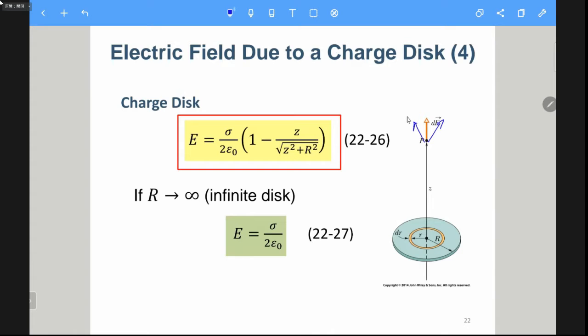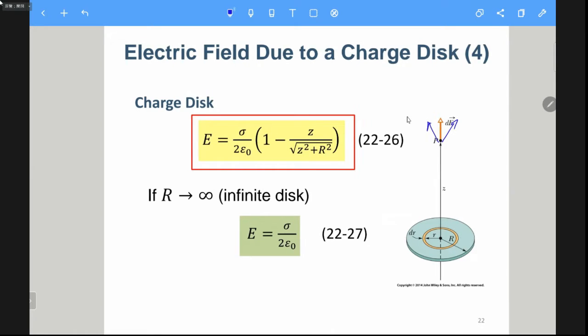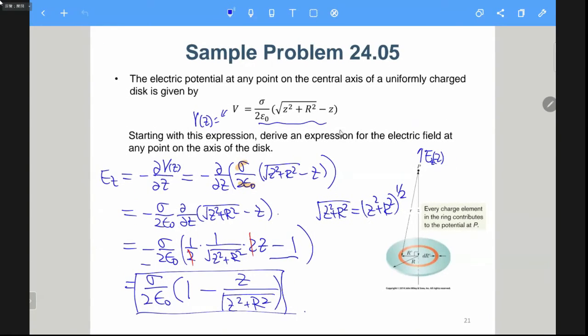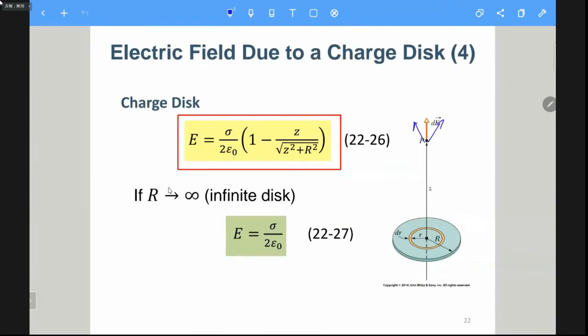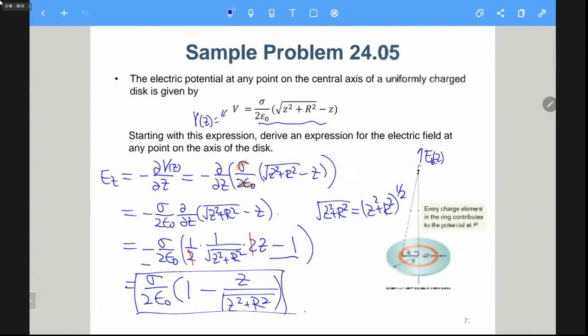So it might be more difficult. For this one, the first step we did is to find the electric potential generated by this disk, and this is easier than calculating the E field, because the electric potential is only a scalar.